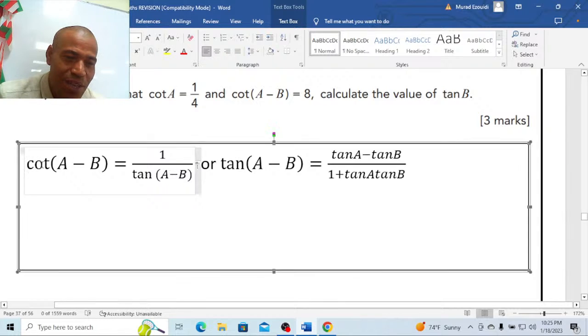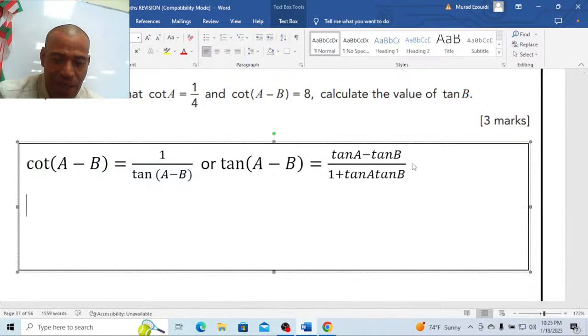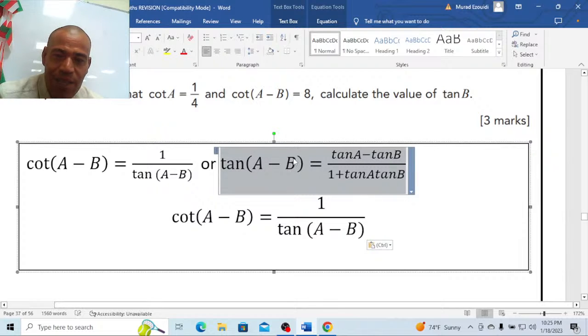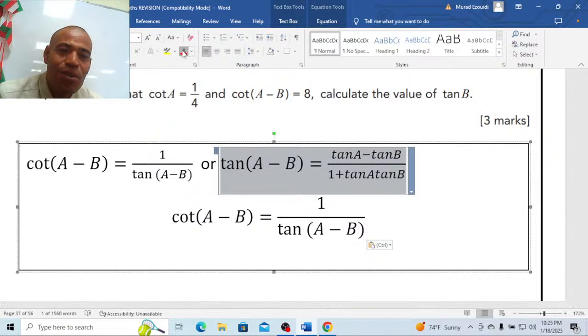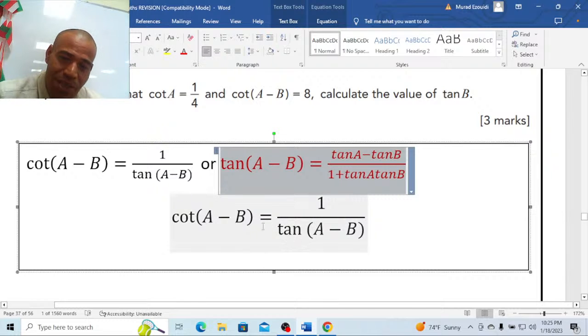I'll write cotangent of A minus B is in fact equal to 1 divided by tangent of A minus B. I will replace tangent of A minus B by tangent A minus tangent B over 1 plus tangent A tangent B. When we multiply this by that, it gives 1.